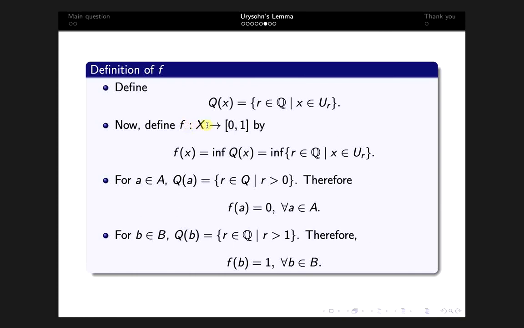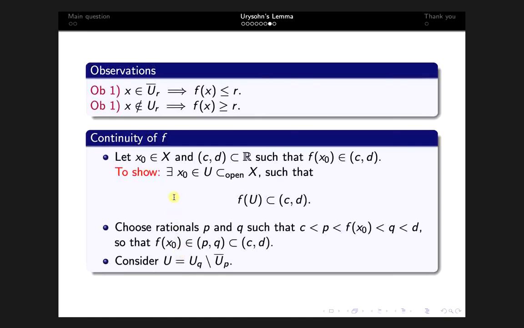First of all, here is the definition of the function: the restriction of f on A is the constant function 0, and the restriction of f on the closed set B is the constant function 1. And now it remains to show that f is continuous.